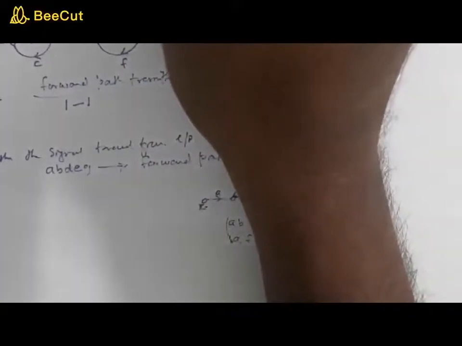And what is this BC? BC is actually a transmittance in a loop, right?